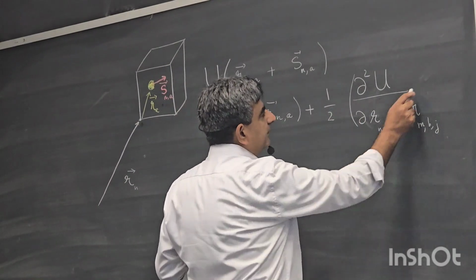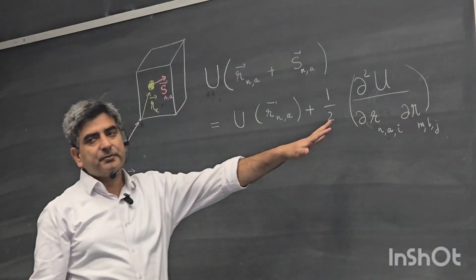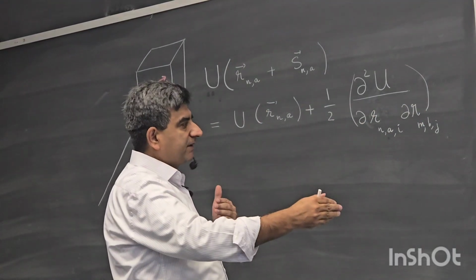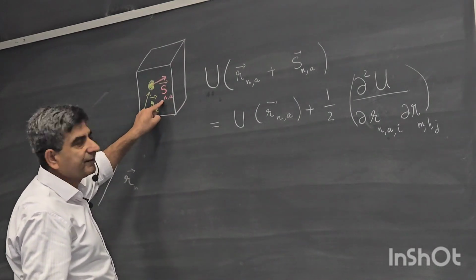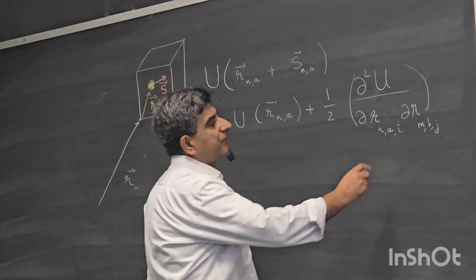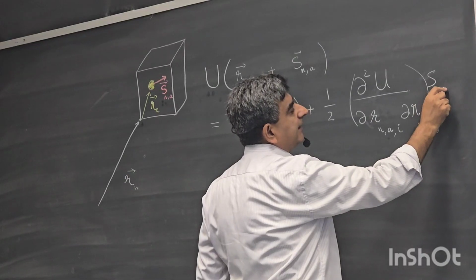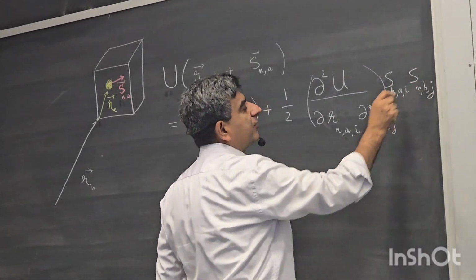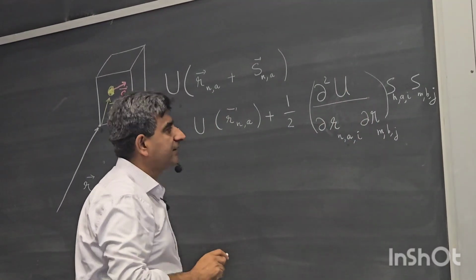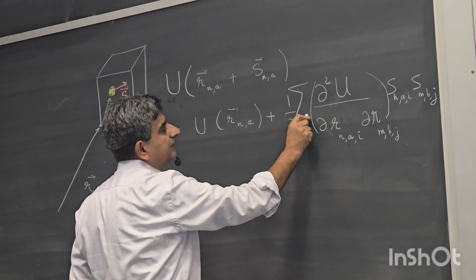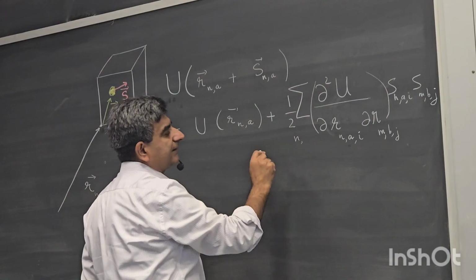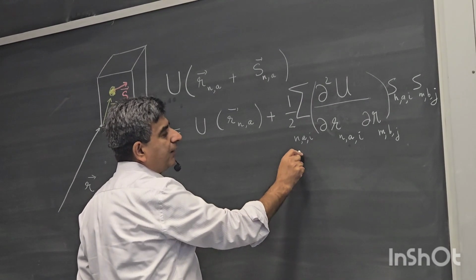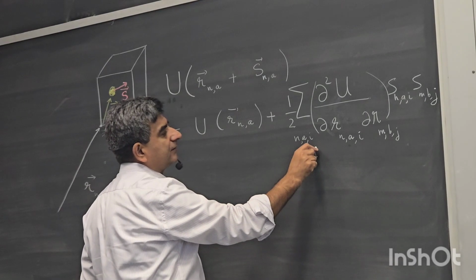So we take this term and we also need to find out the displacements. The displacements are now given by the s's. So we multiply this with s_{nαi} and s_{mβj}, since it's second order, so we have both of these displacements, and we also do a big sum over all n's, all α's and all i's, all m's, all β's and all j's.